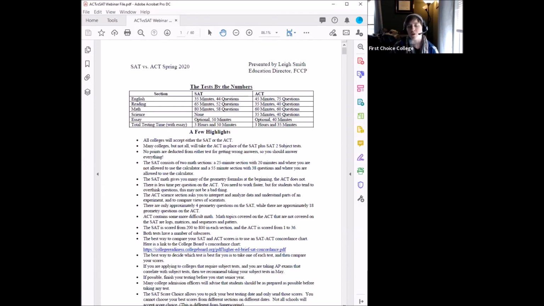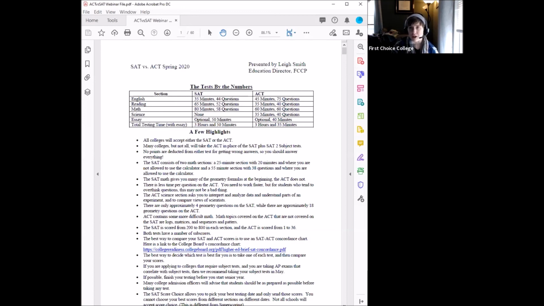For the SAT, the math is more heavily algebra based. Algebra is your main section. There's not a lot of geometry on the SAT math. One of the benefits of the SAT math section is that they give you a lot of equations.